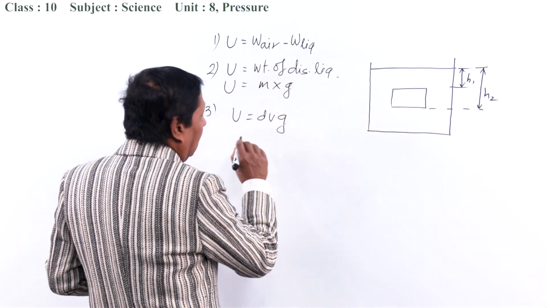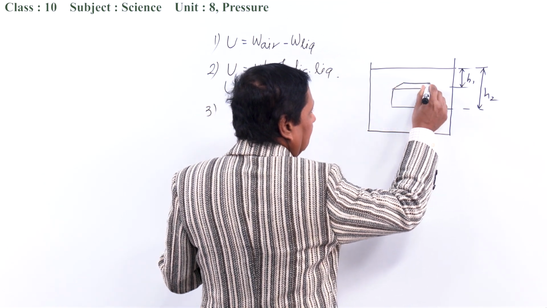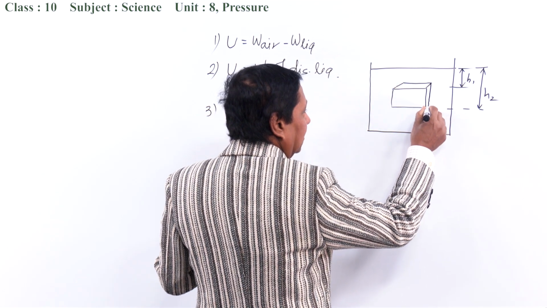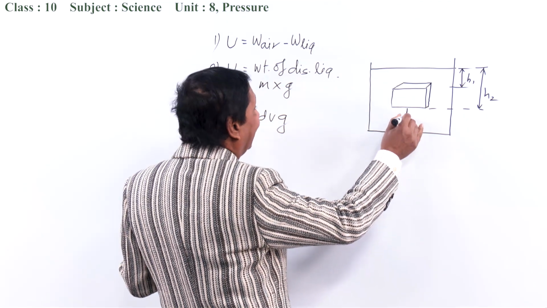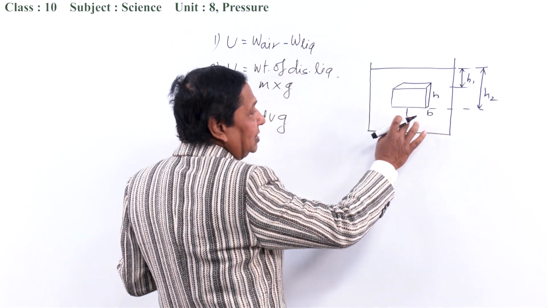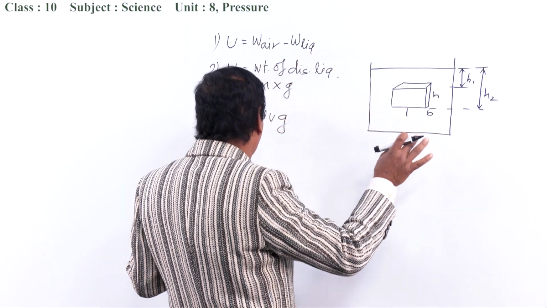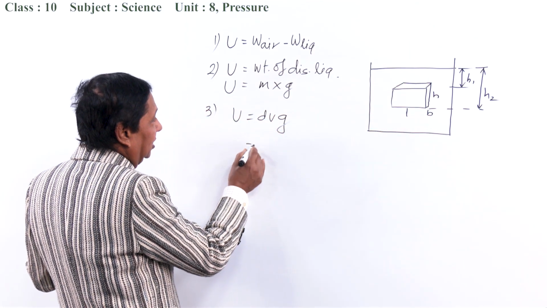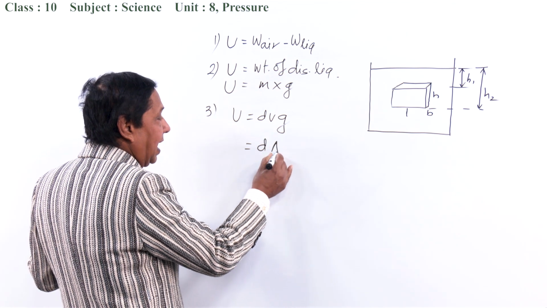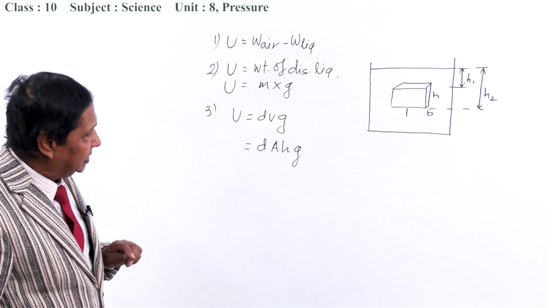Now this is actually a three-dimensional body. It has a certain length, breadth, and height. Length into breadth gives area, and area into height gives volume. That's why this volume can be replaced by A into H, so thrust is dAHg, isn't it?